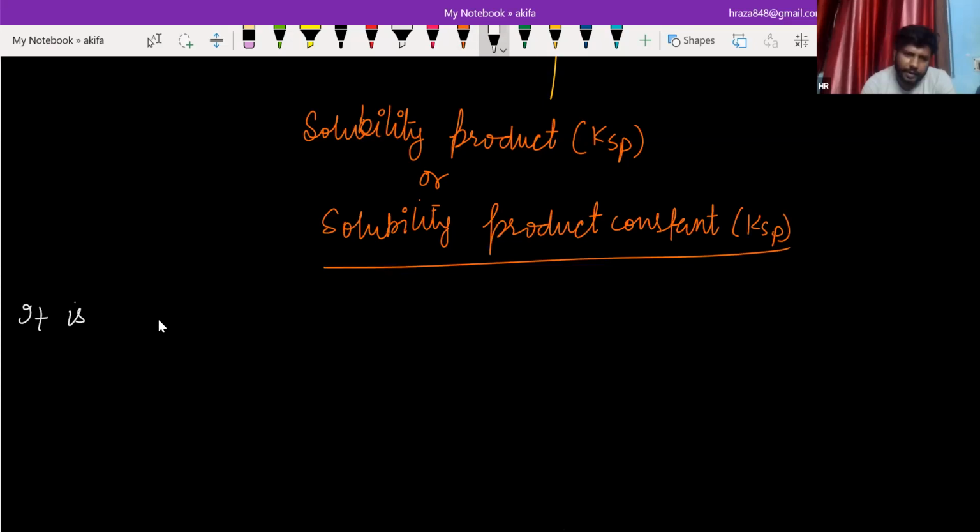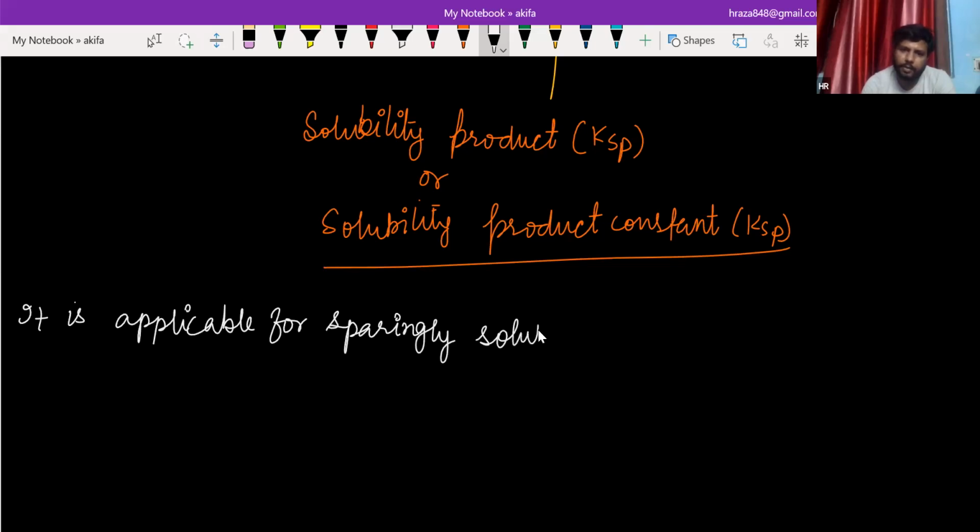It is applicable for a sparingly soluble salt. So basically solubility product or solubility product constant is applicable for a sparingly soluble salt.